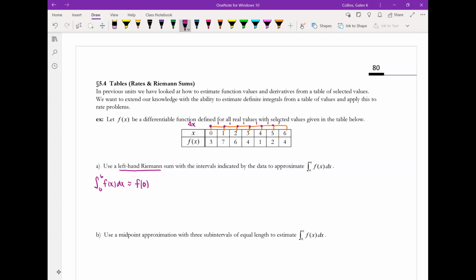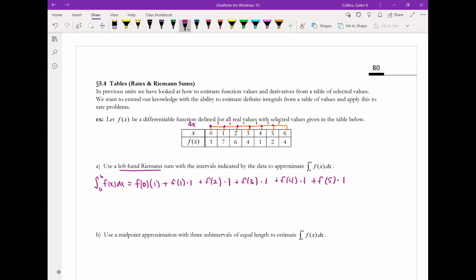But like we said, that's not always the case. So f of 0 times 1 gives us the first area, plus f of 1 times 1 gives us the second area, plus f of 2 times 1, plus f of 3 times 1, plus f of 4 times 1, plus f of 5 times 1.